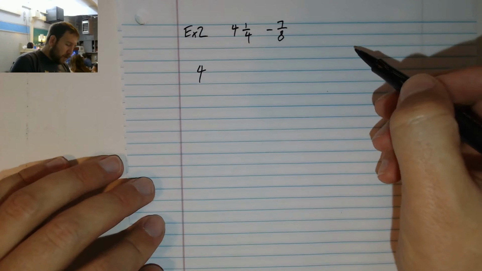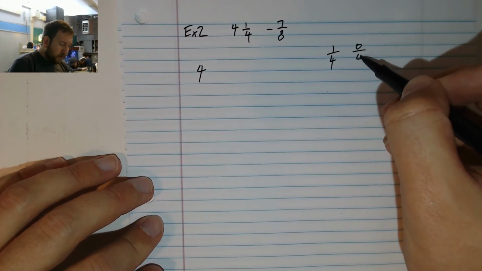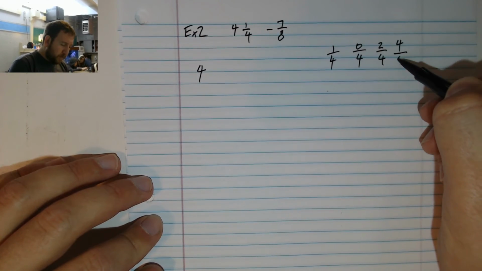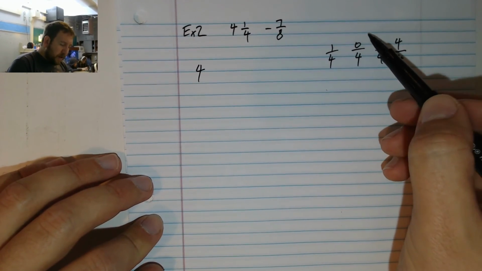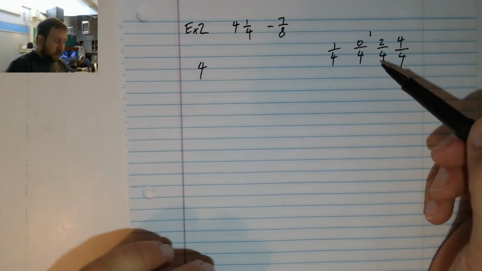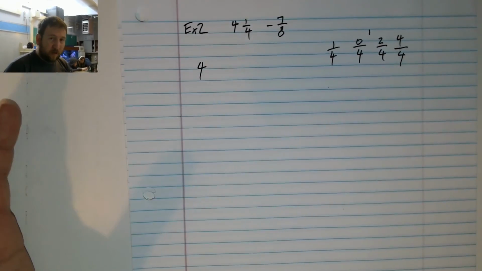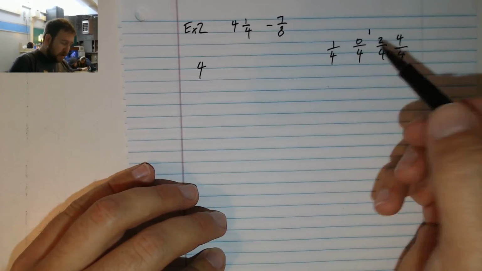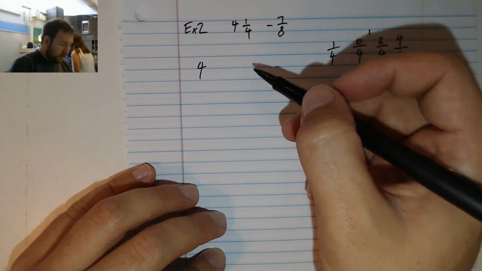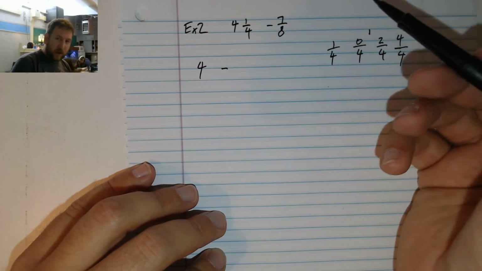And if I take a quarter and I look at everything that I could turn it into, 0/4, 2/4, or 4/4, I can see that 1 is equally away from 0/4 and 2/4. So in a weird case like this, where there's two things that are similar, I can just pick one and it's fine. I'm going to just pick 0 because it's easier, and I usually like to pick the easier one because mathematicians are lazy, and I want to get to my answer as quick as I can.